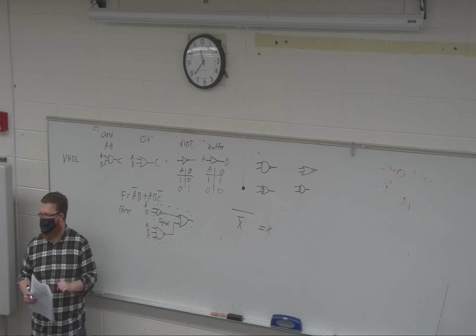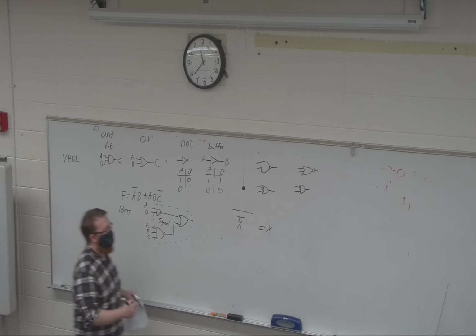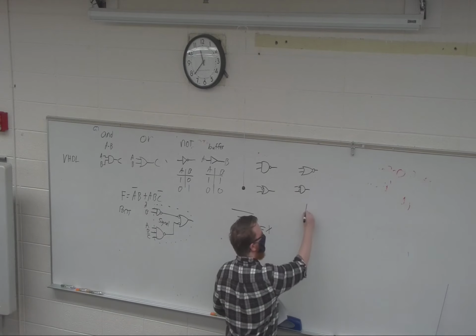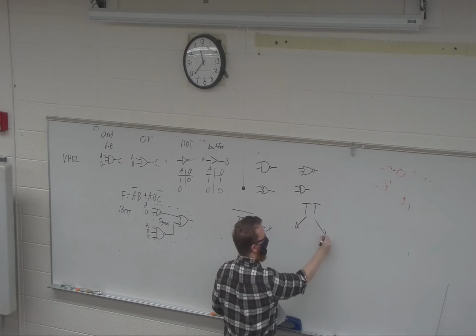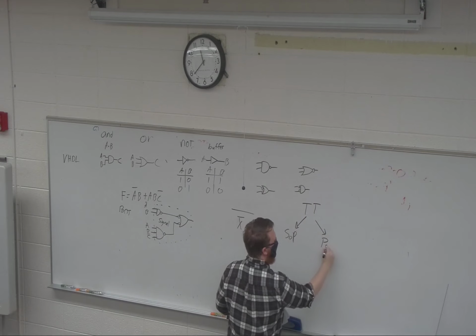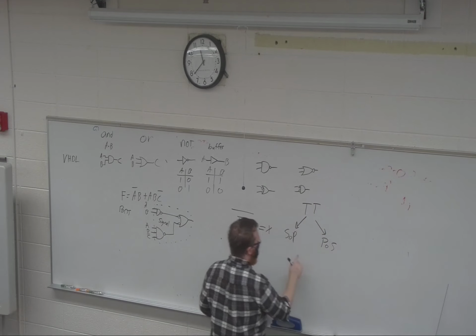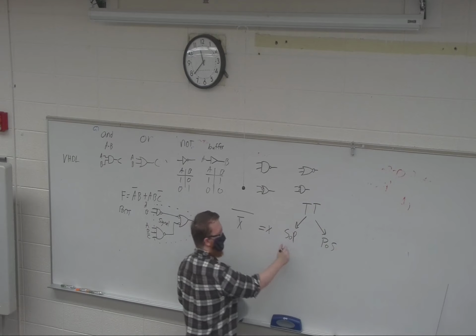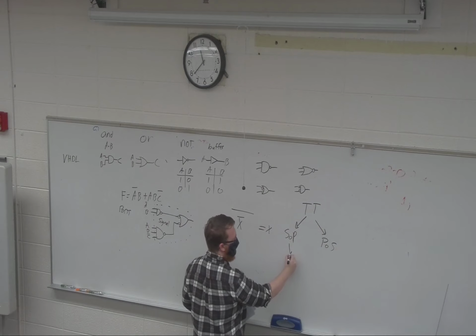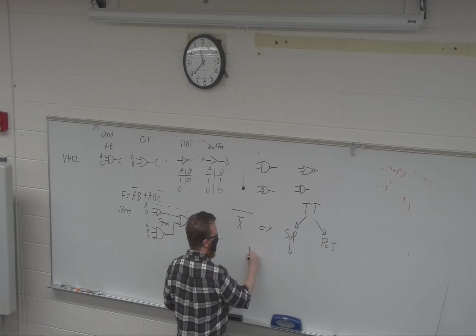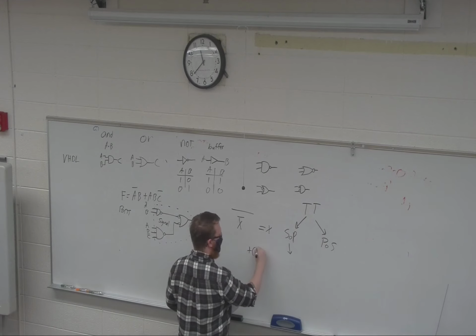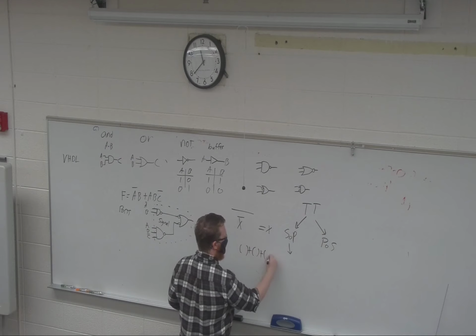Does that make sense? You go from truth table to sum of products or product of sums. The output gate of sum of products is what? Yeah, exactly.